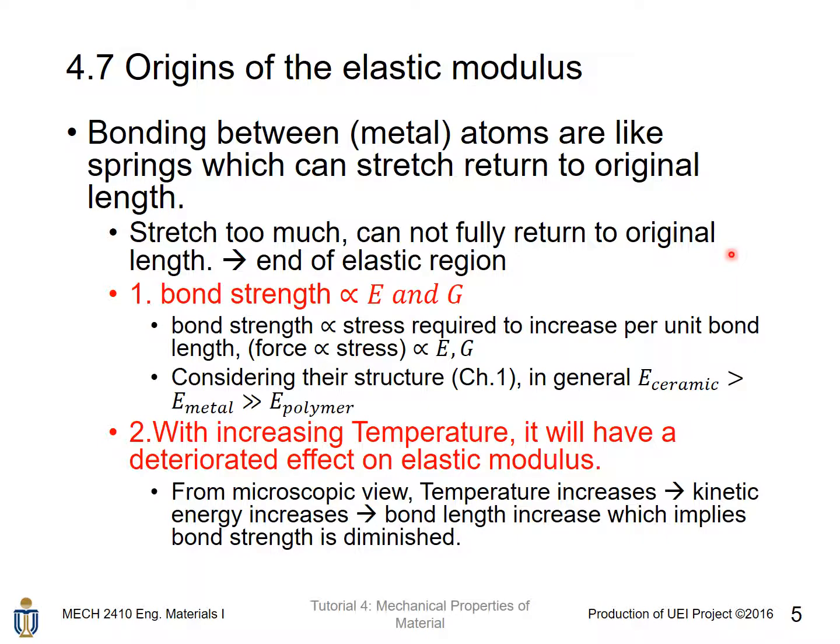In microscopic terms, when temperature increases, the kinetic energy will increase. And when kinetic energy increases, the bond length will increase, which implies that the bond strength is diminished. As we know, the bond is basically the electrostatic attraction between atoms, which is proportional to 1 over r squared.